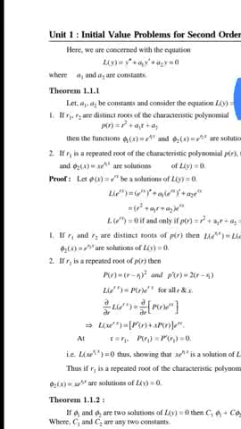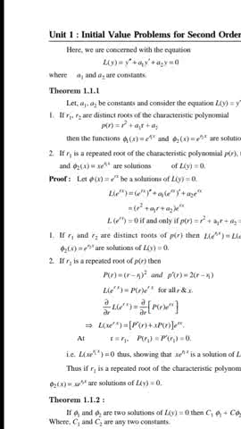The second derivative of e raised to rx is r square e raised to rx, the first derivative is r into e raised to rx, and e raised to rx is the same.